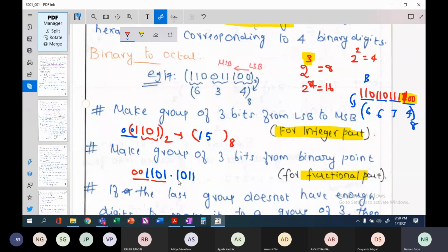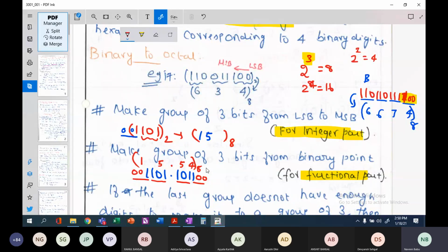But after the decimal point, I will group from the binary point. So these three can be grouped here, and then since I'm not having any more digits, I will append zeros here. So the equivalent value will be 101 is 5, 001 is 1, dot, 101 is 5, 100 is 4. So this will be the equivalent octal value.